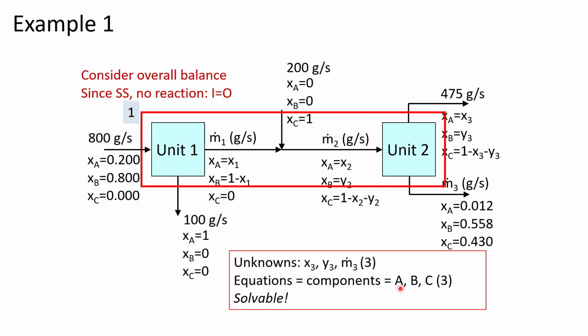There are 3 components in the streams that cross the boundaries of this control volume. A, B, and C are present, so there are 3 equations that we can write. There's actually 4. We can write a mass balance for each of the components, but we can also write an overall mass balance. But we know that only 3 of those 4 mass balances are independent. Therefore, since the number of unknowns is equal to the number of independent equations, the problem is solvable.